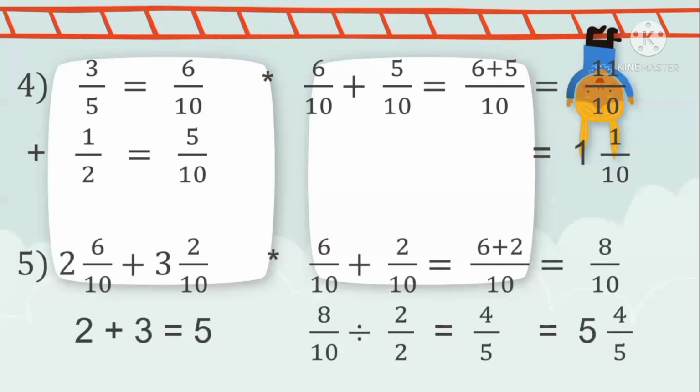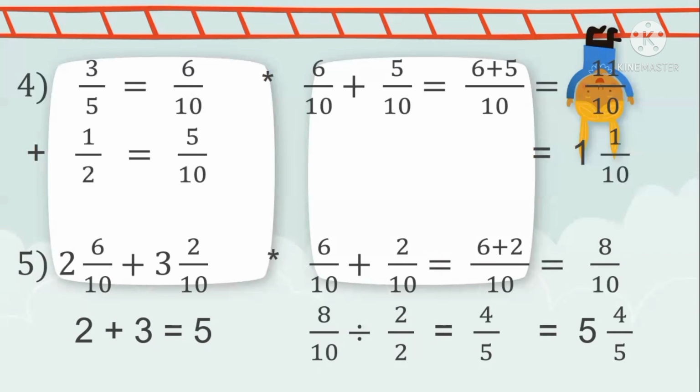6 tenths and 2 tenths. So 6 plus 2 over 10 gives us 8 tenths. But 8 tenths is not in lowest term, so we need to have the GCF, which is 2. So 8 divided by 2 is 4, 10 divided by 2 is 5.